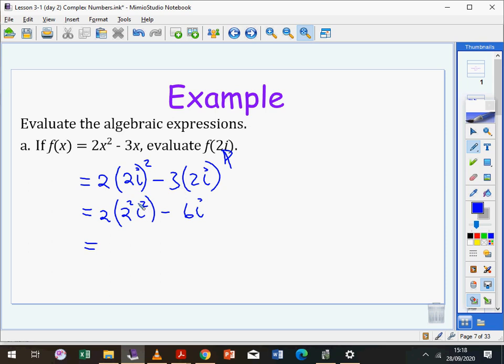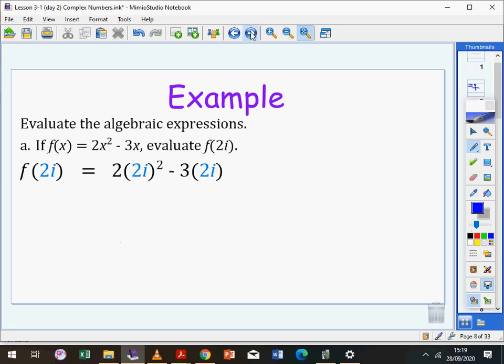So 2 squared is 4, 4 times 2 is 8. I have i squared here, which is the same as negative 1, so I'll multiply that by negative 1, minus 6i, and my answer ends up being negative 8 minus 6i.